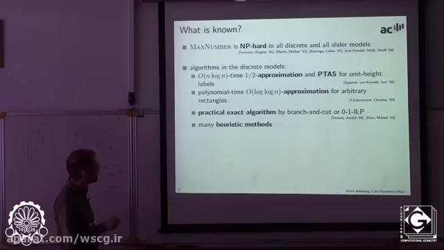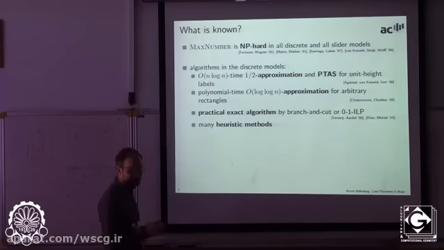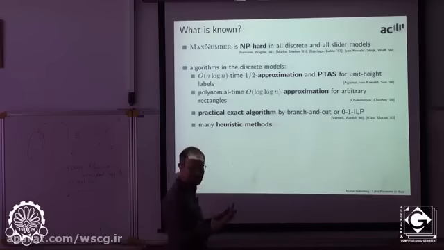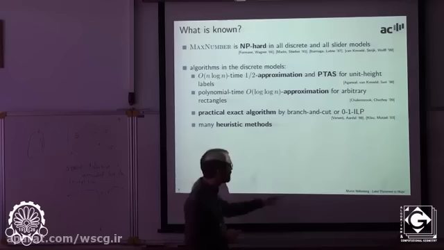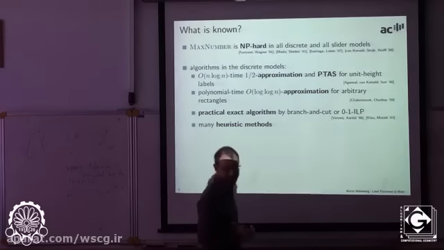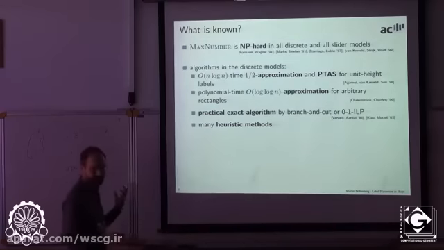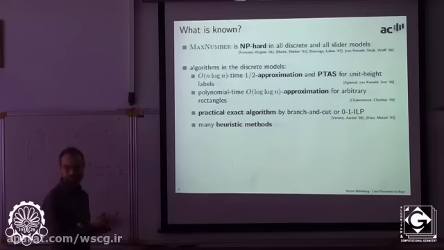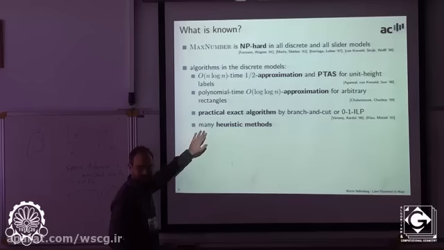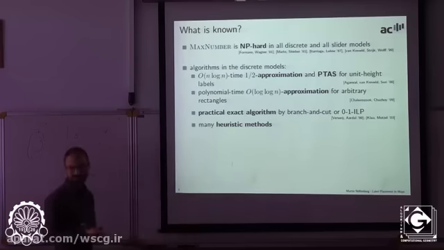There's also many practical exact algorithms using, for example, some branch and cut ideas of how to get to the optimum by not exploring the entire search space, or using integer programming. We've seen, I think 2 days ago, how you can use integer programming to model geometric situations. And of course, because this is a very practical problem, there's lots of heuristics that try to place many labels, but there's no guarantees of how many they are.